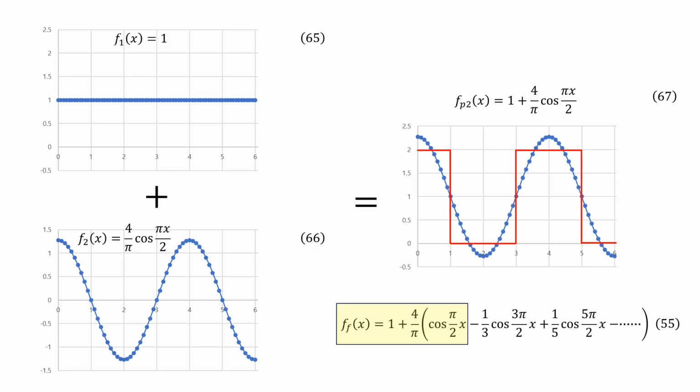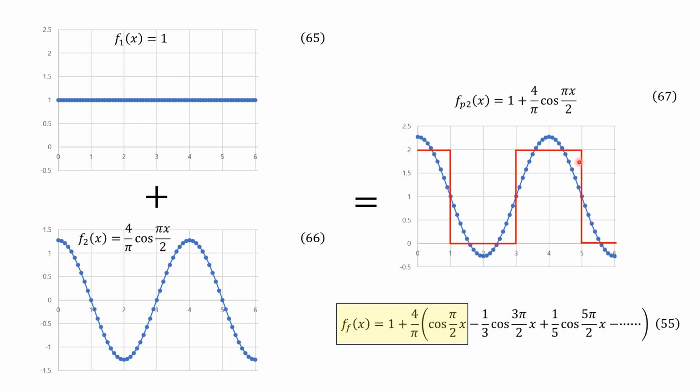If you add the first term, equation 65, and the second term, equation 66, shown in yellow in equation 55, you get equation 67. If you represent it graphically, you can get the result shown in the blue graph on the right. Here, the red graph represents the square waveform we want to display.